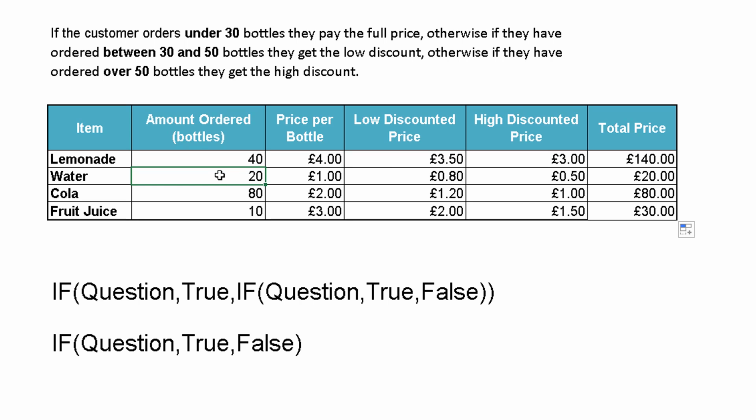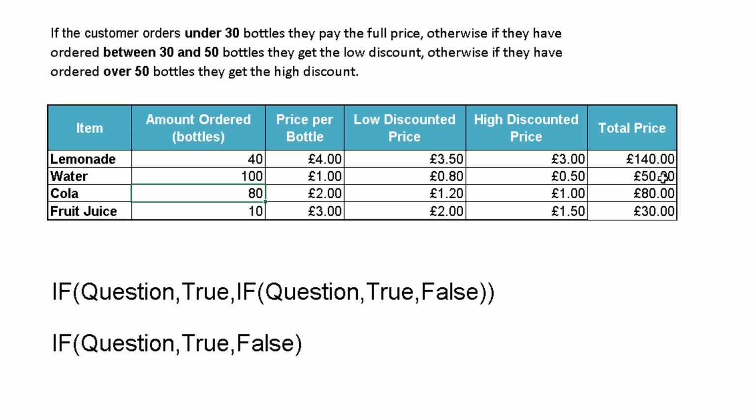If they bought an in-between amount, say for example 40 bottles, the price is now £32 because that's 40 times 80 pence per bottle. And finally, if they bought more than 50, so if we said 100 bottles, because we're now charging them 50p per bottle, it's £50.